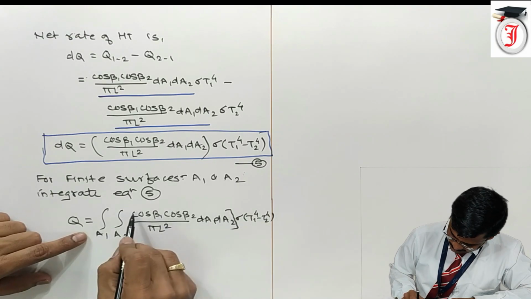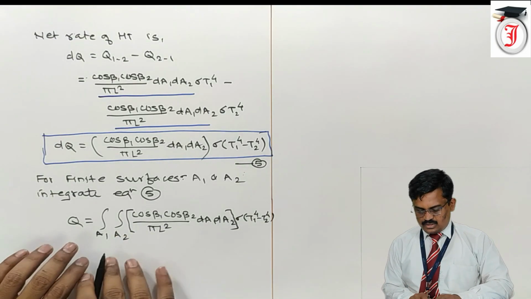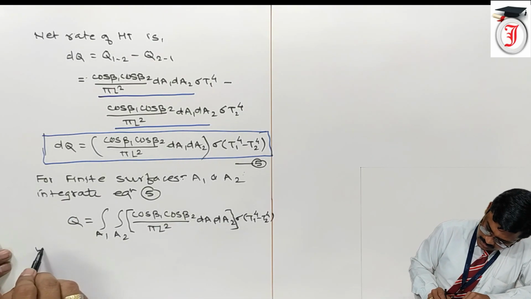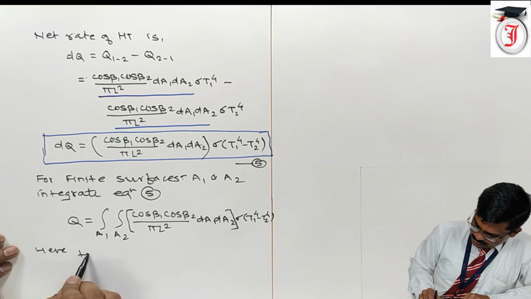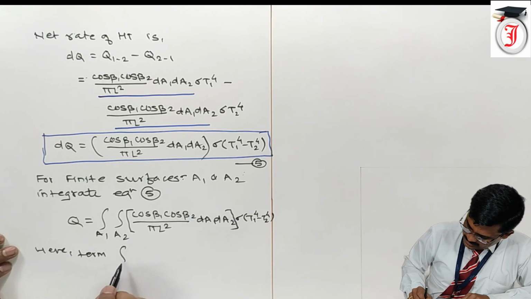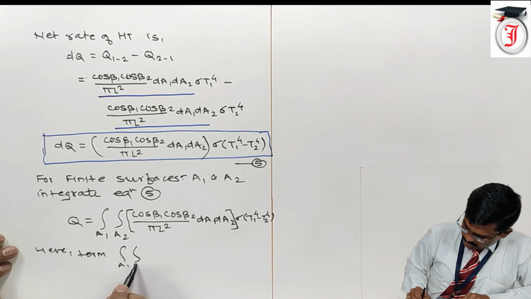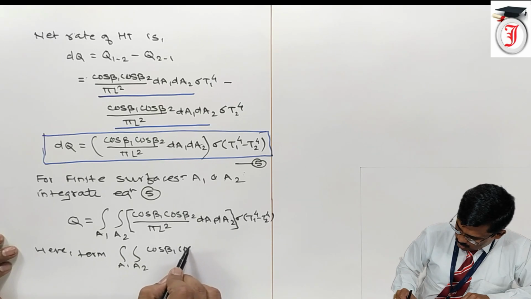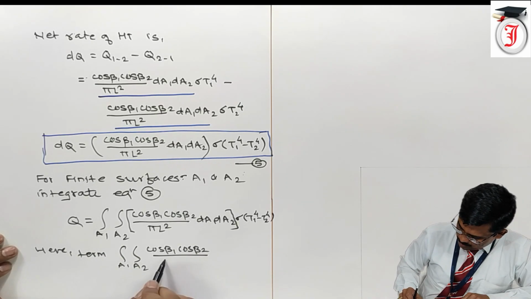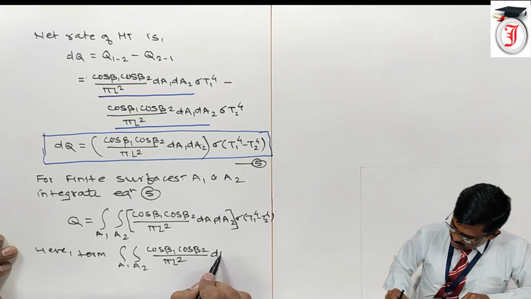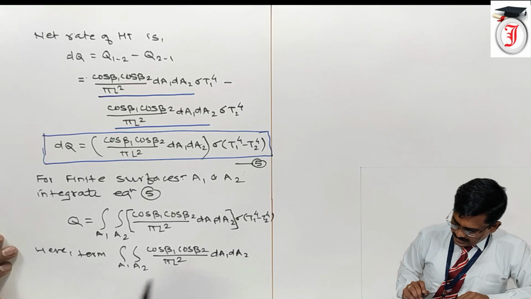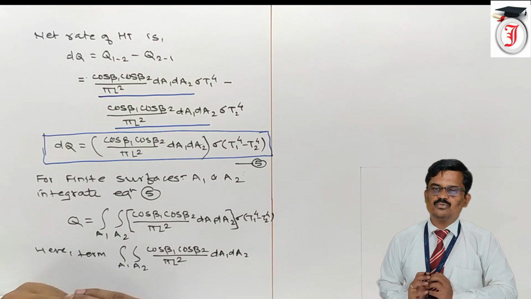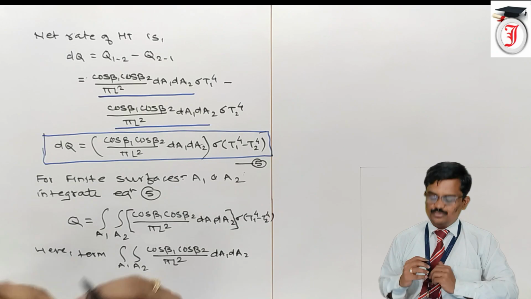The term integration over A1, integration over A2 of cos beta 1 cos beta 2 upon pi L square dA1 dA2 is called the shape factor, or view factor, or configuration factor.